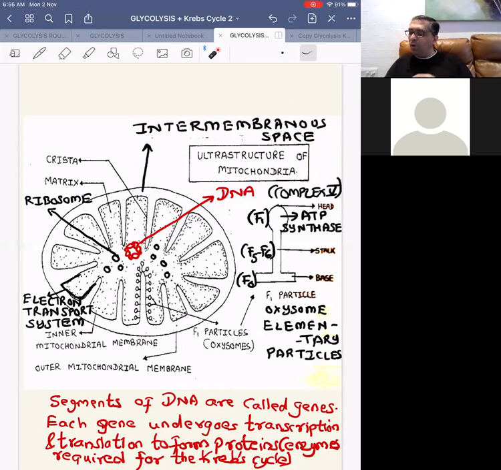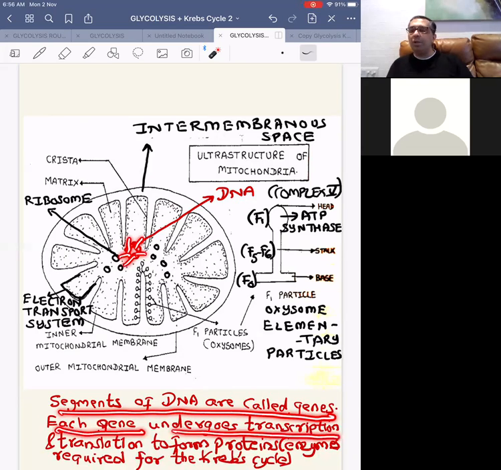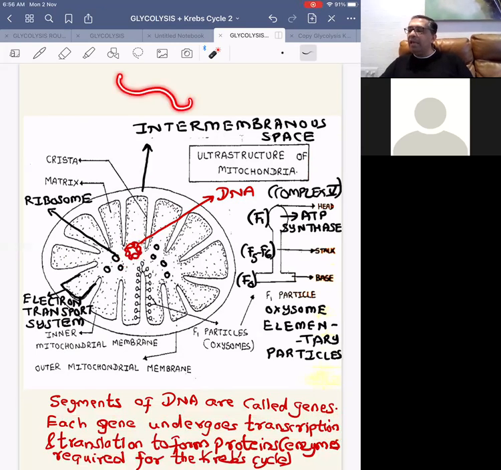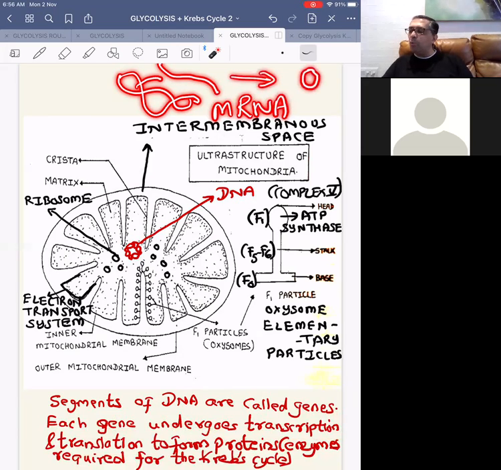And not given in your books, but ये है DNA. Segments of DNA are called genes. Each gene undergoes transcription and translation, which Arif sir just taught you कि एक gene DNA होता है, it undergoes transcription to form an RNA called an mRNA, and this mRNA then goes into a ribosome.